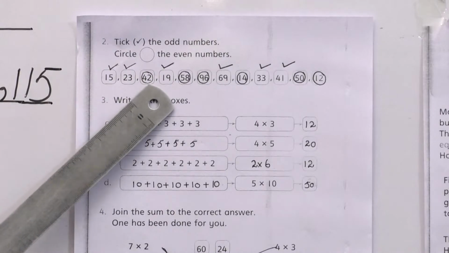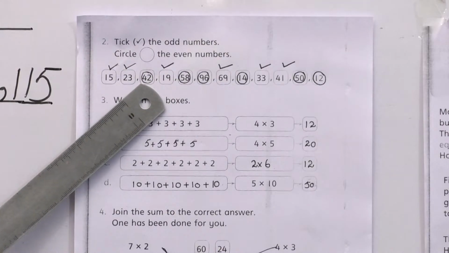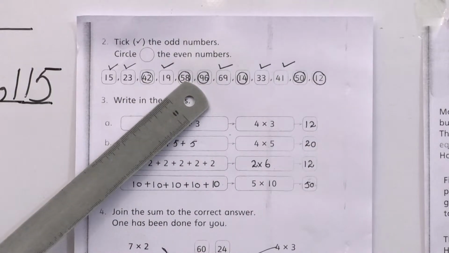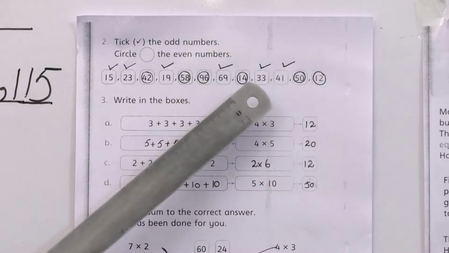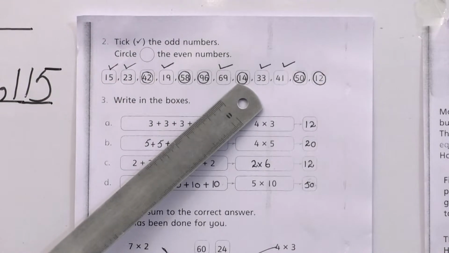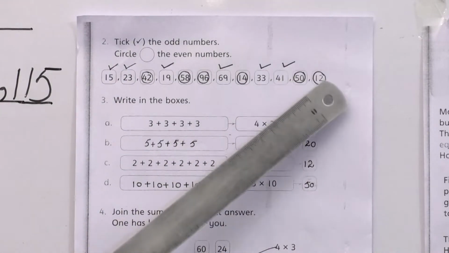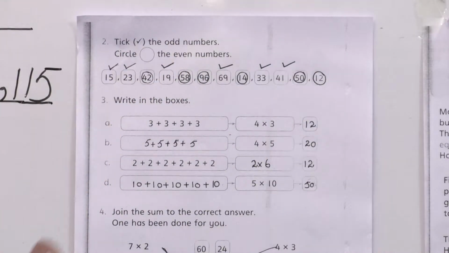Here I have circled 42 because it comes in the table of 2. 58 is an even number, it comes in the table of 2. 96 is also an even number, 14 also comes in the table of 2. 50 and 12 are also even numbers.